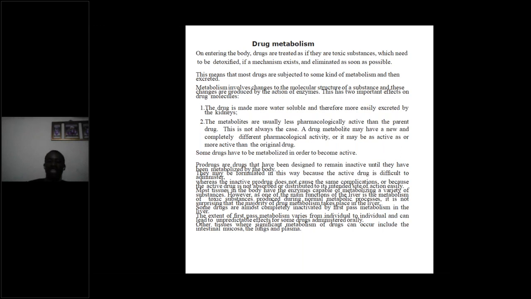So what happens is this: with metabolism, we expect drugs to be less active than how they were when they were introduced to the body. That means if metabolism is very fast, then the therapeutic outcome we expect from the drug will not be reached.